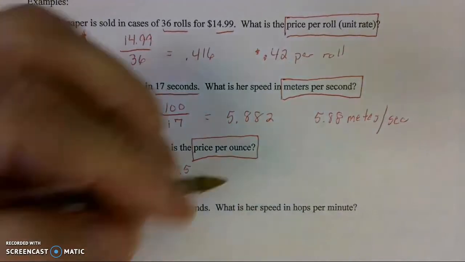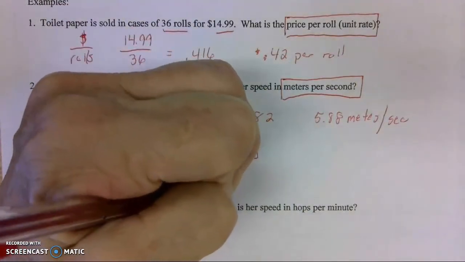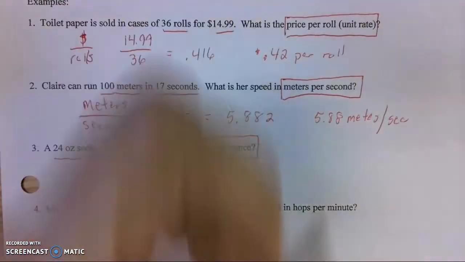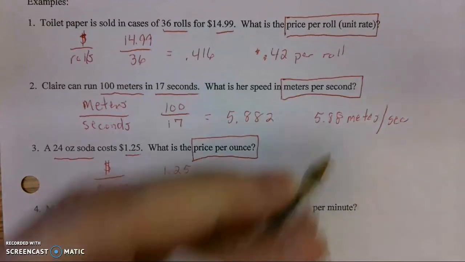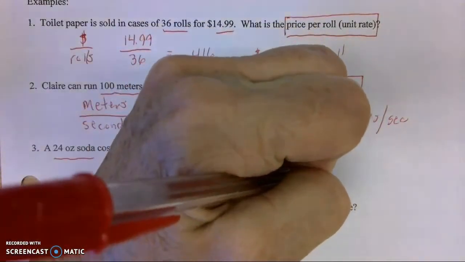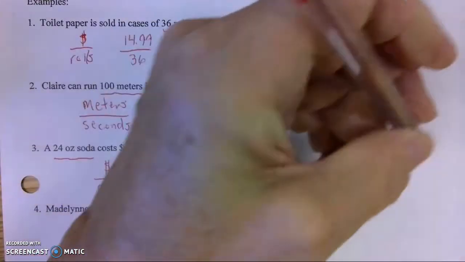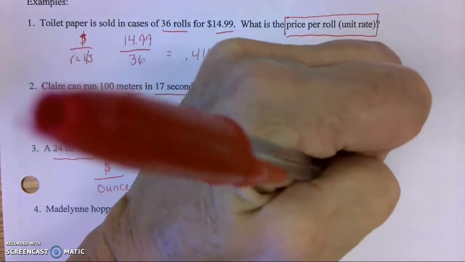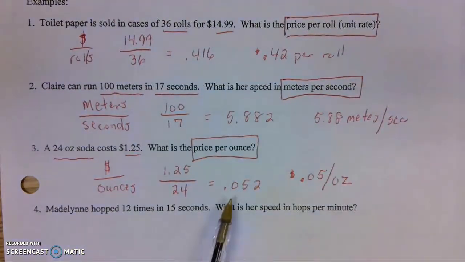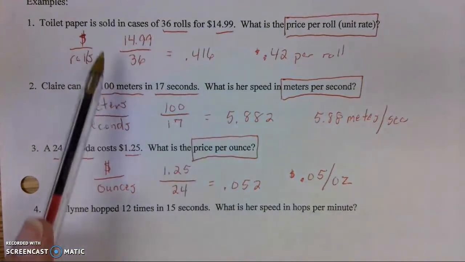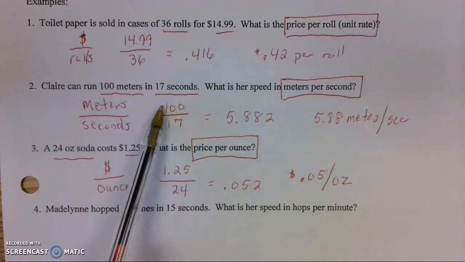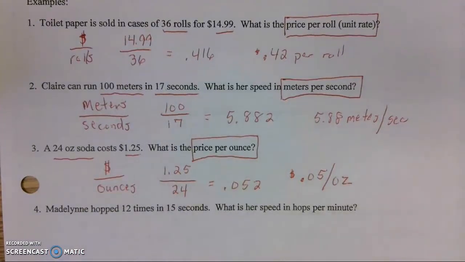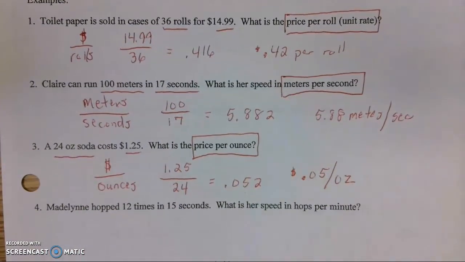And again, I only need to write down the first 3 decimal points, or 3 numbers after the decimal point, to 2 next to the 5, which means that it is 5 cents per ounce. Now again, I'm getting these answers by dividing numerator by denominator. $1.25 divided by 24.